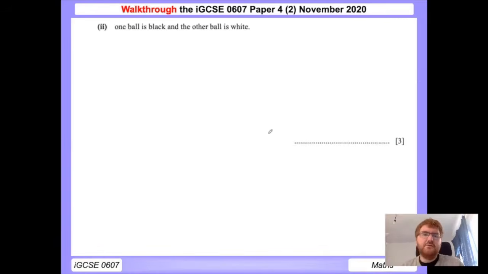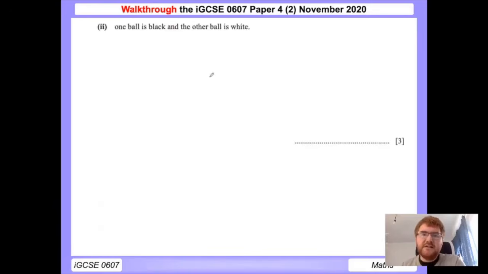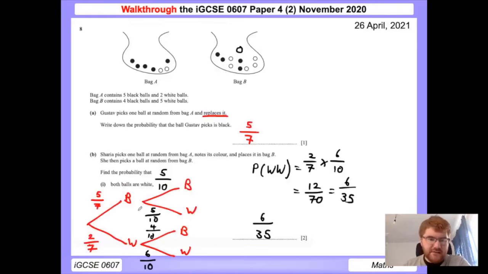Notice for the next question, one ball is black and the other ball is white. I've done a lot of the hard work here. Okay? And it doesn't matter what order this is in as far as I can tell. So one ball is black and the other ball is white. So we're looking for the probability of white-black and the probability of black-white, and then we take each probability and add them together. So let's work this out.